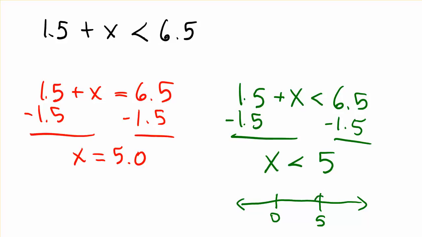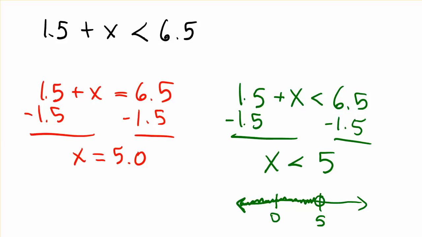So we're going to have an open circle at 5, meaning that we don't include the number 5 in the solution because 5 is not less than 5. And then we shade everything to the left of 5 in the direction of that arrow, the inequality symbol there. And so that's how we're going to solve this particular inequality.